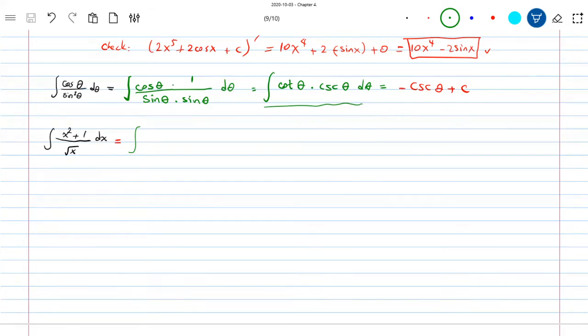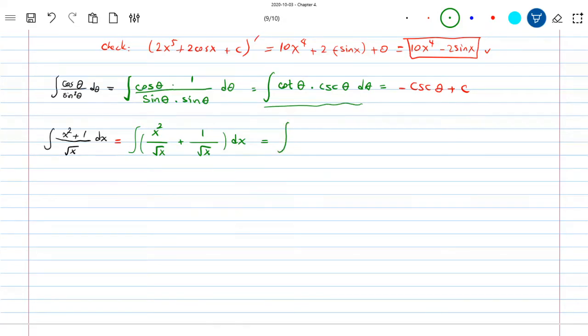If you're dealing with a fraction, one way was to look at the last example, if possible. It does not always work. In that example, it worked. The other way is if you're dealing with polynomials divided by each other, normally if the denominator has one term, this is what you do. You break it into two fractions. x squared divided by square root of x plus 1 divided by square root of x. And all has dx.